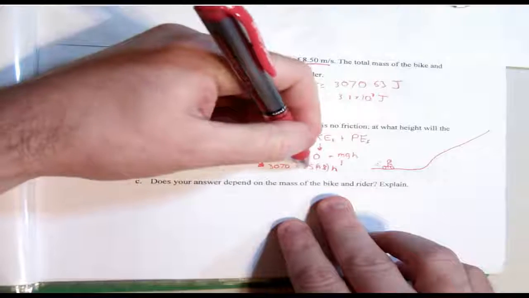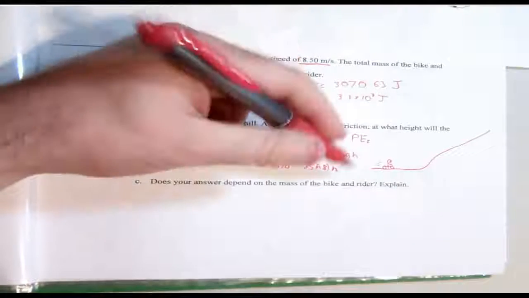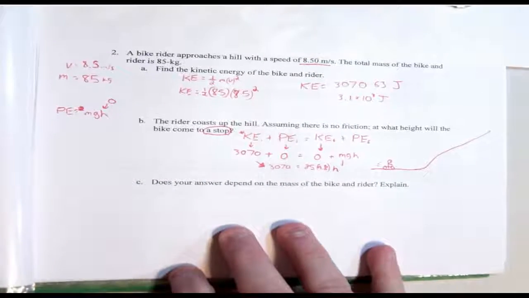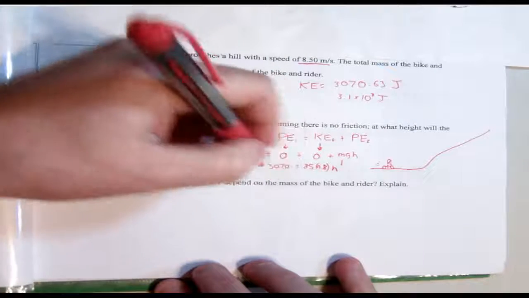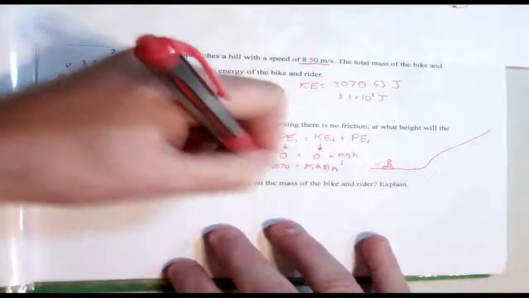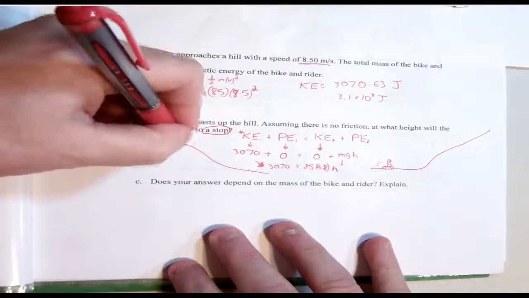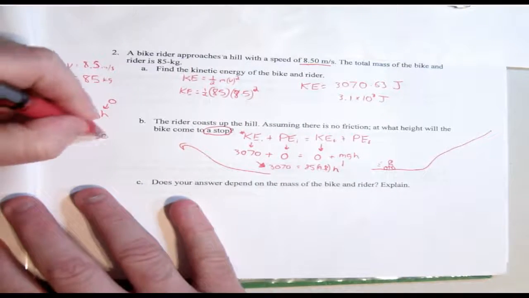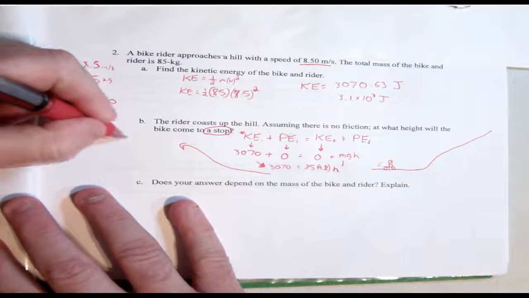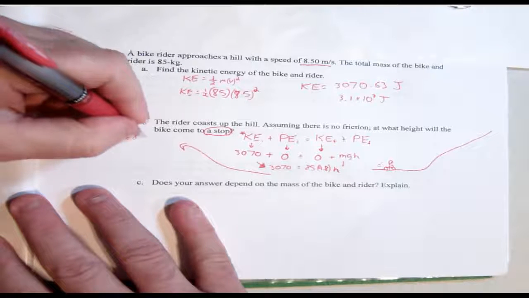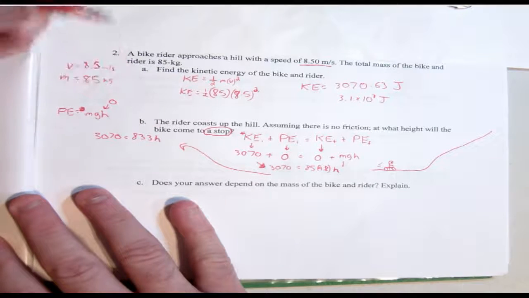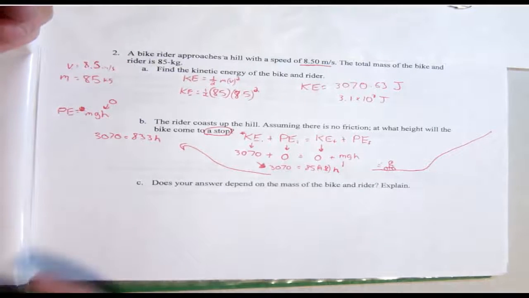So we have 85 times 9.8 times h equals 3,070. So we have 3,070 equals about 833 h.